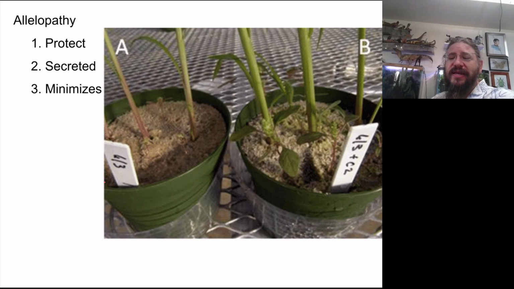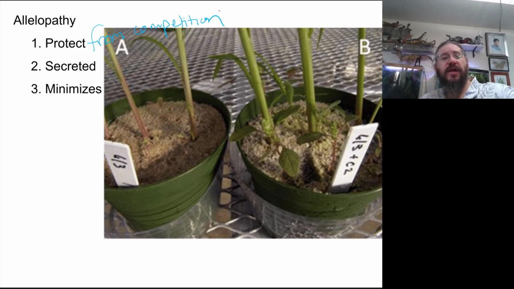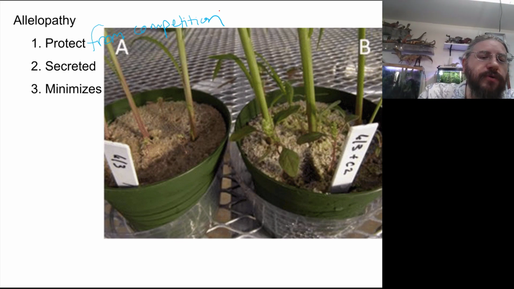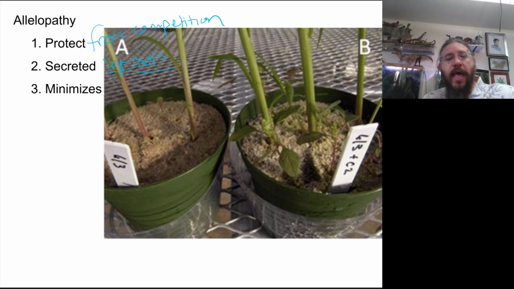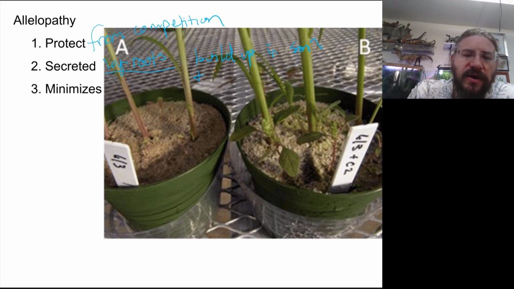Allelopathy is basically when you have plants protecting themselves from other plants, protecting from their competition. They're generally secreted by roots. And essentially, they build up in the soil. And they inhibit competitors.